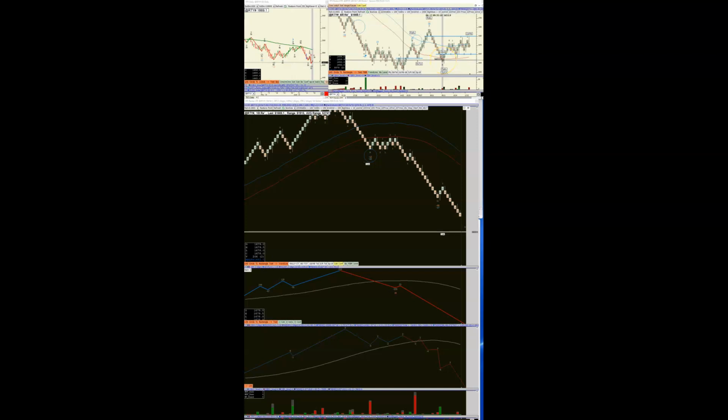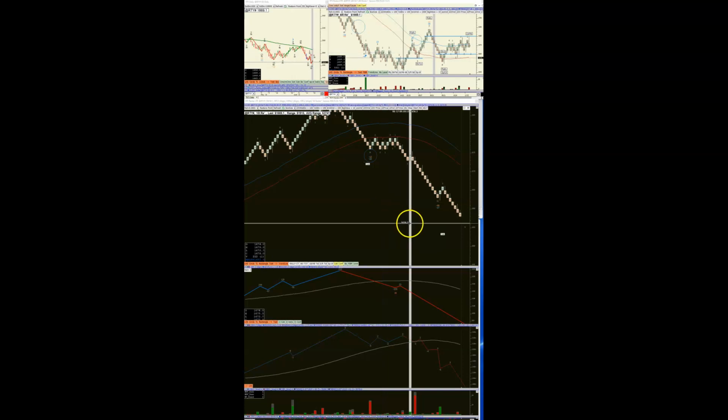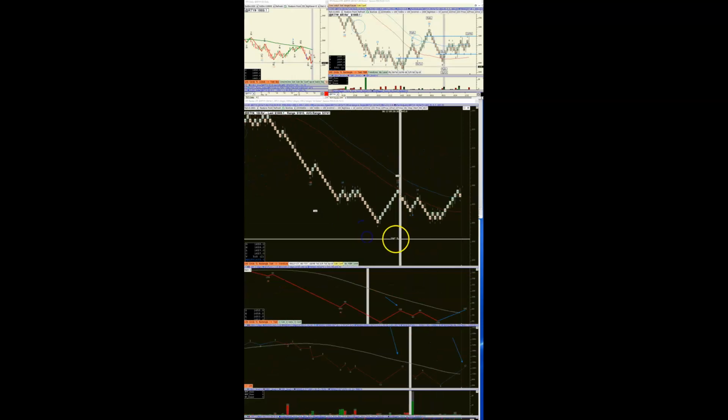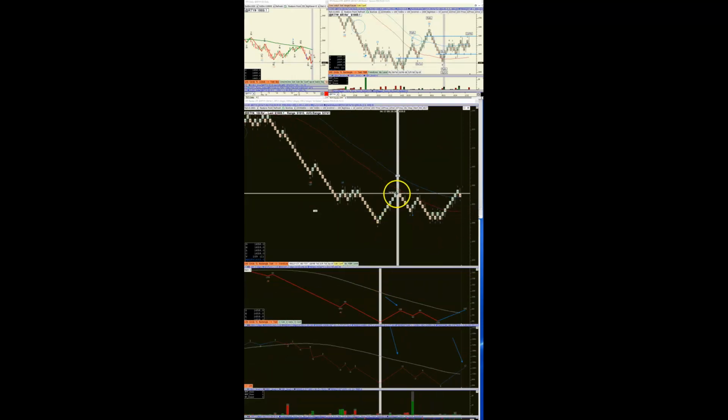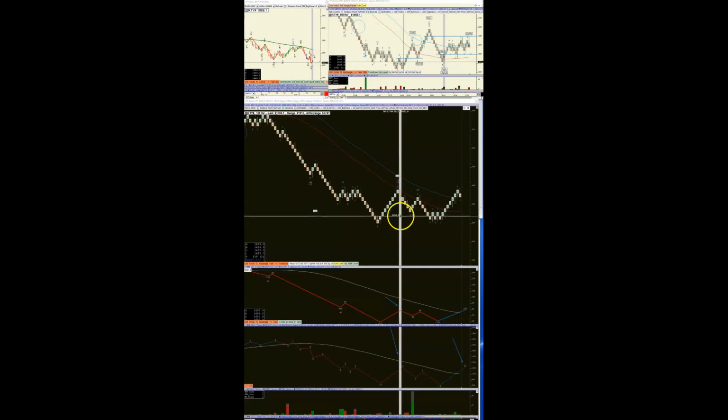And at that point, on a test, you want to see if those buyers that created it are still there. Those sellers that created the turning point are still there. And only then you look at the lower time frame to see if that sign of strength or sign of weakness occurs at that support or resistance level, meaning does that heavy buying or selling still exist there? If it does, then that tells you that they're there and you can ride their coattails.